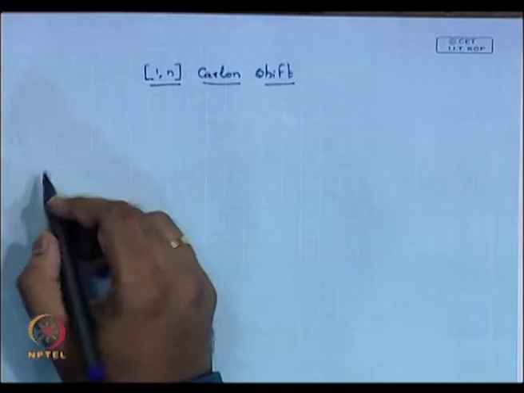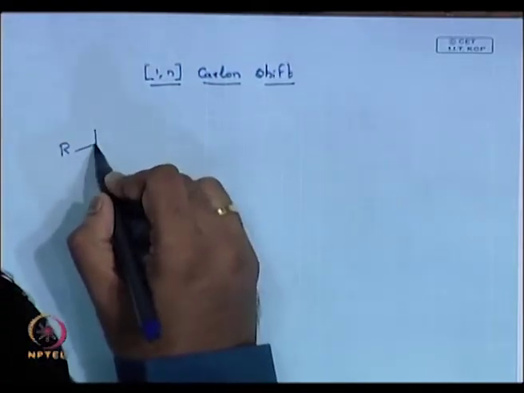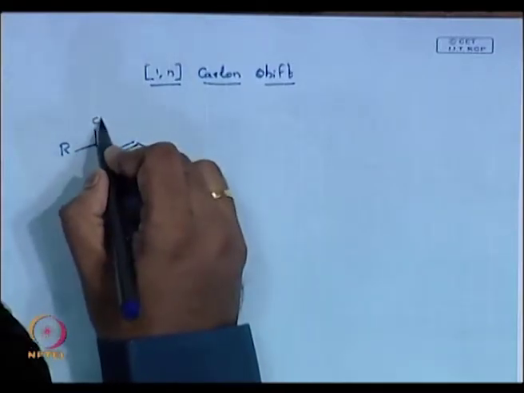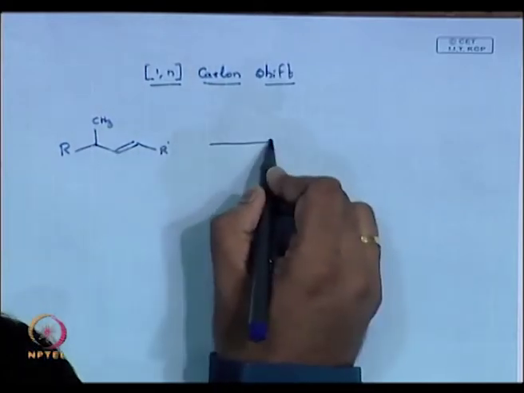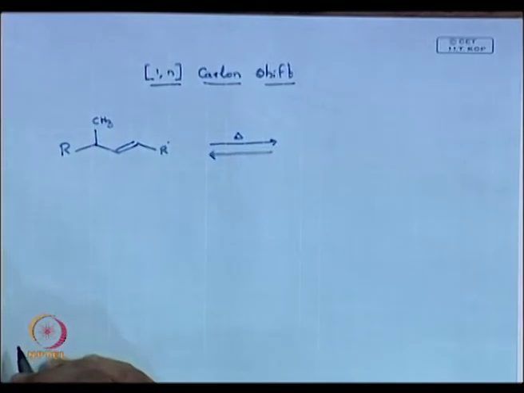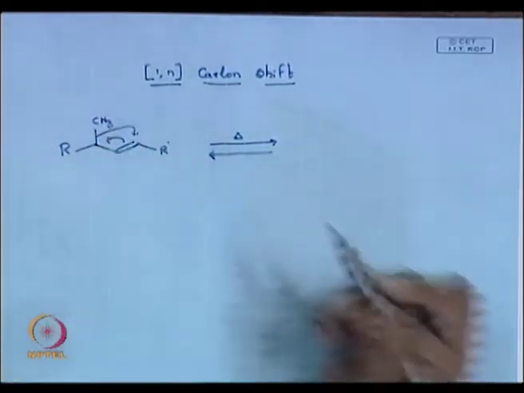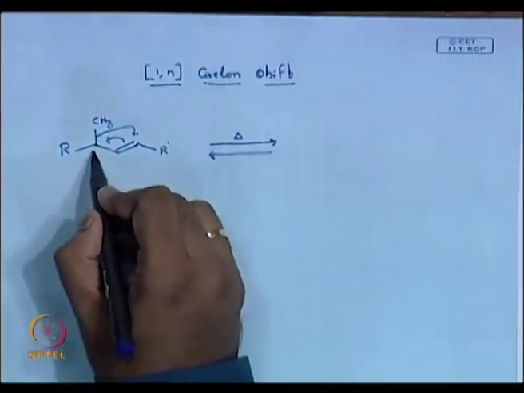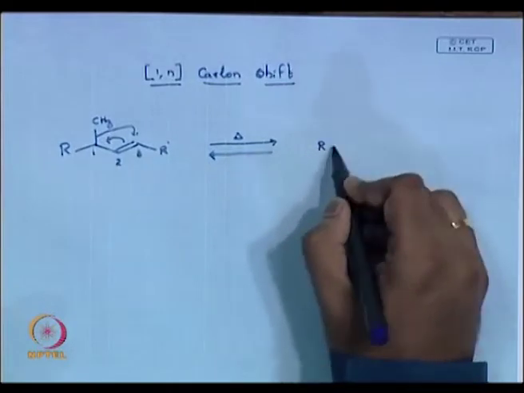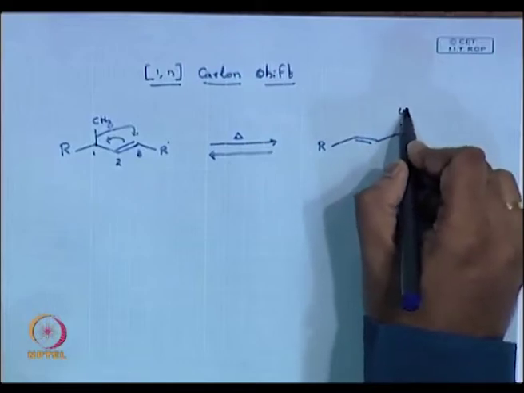We will start with the simple example. Heat this. So, you get a, so this will be 1, 2 and 3. You have a nice methyl.